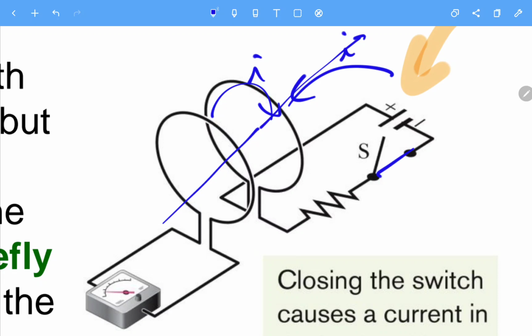If you switch it on, bottom left or top right? Top right, using the right hand rule. You use your fingers to follow the direction of the current, and your thumb will point to the top right direction. So the B field will be pointing to that side. Maybe I will use red color. This is the direction of the B field.